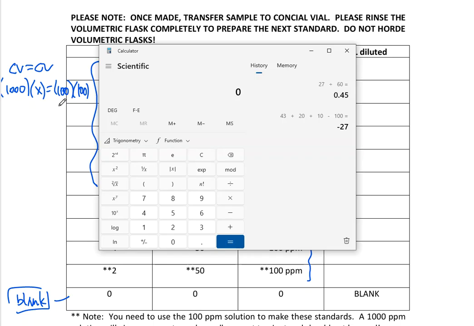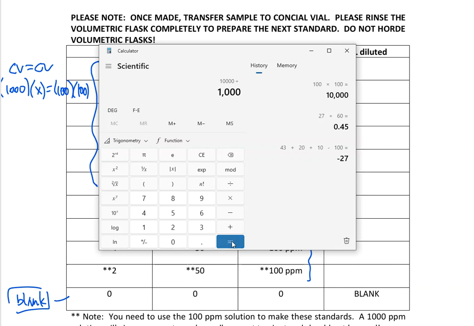If not, here's a calculator on the screen, and we'll take 100 and multiply by 100, and hit equal, and that will give us 10,000. And then we'll take 1,000 times x, and the opposite of multiplication is division. So we will divide by 1,000 here.